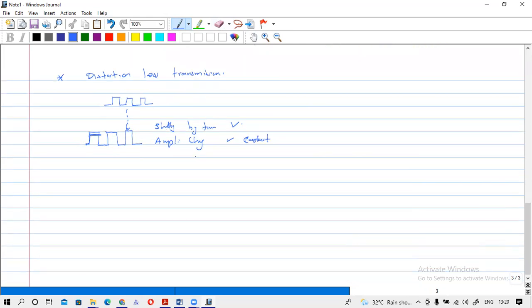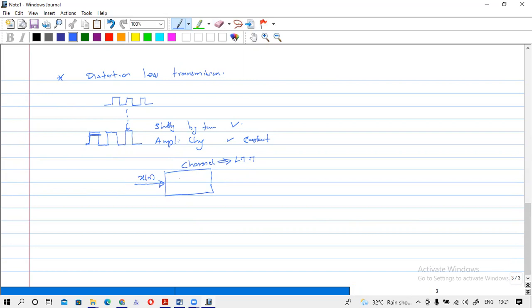So we know that if we have a channel, we can represent this channel as a linear time invariant system, an LTI system. If we give an input, that is our transmitted signal.